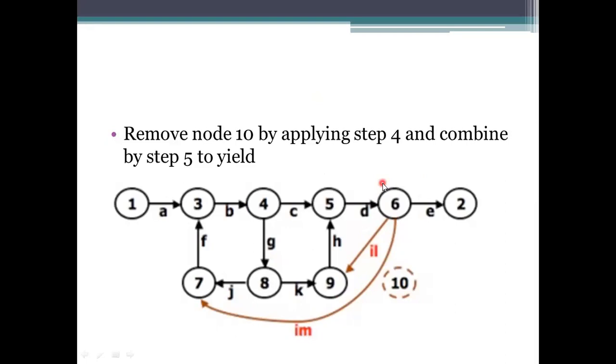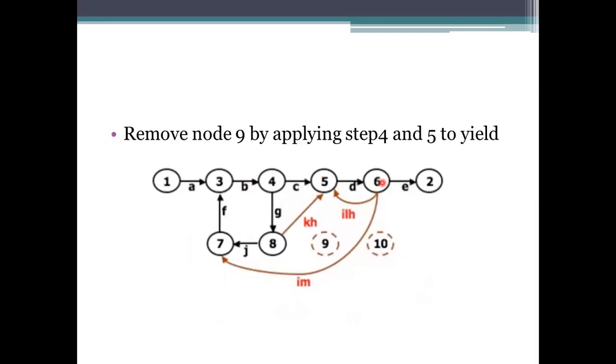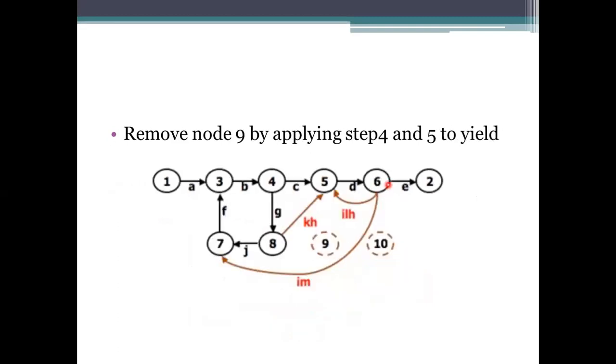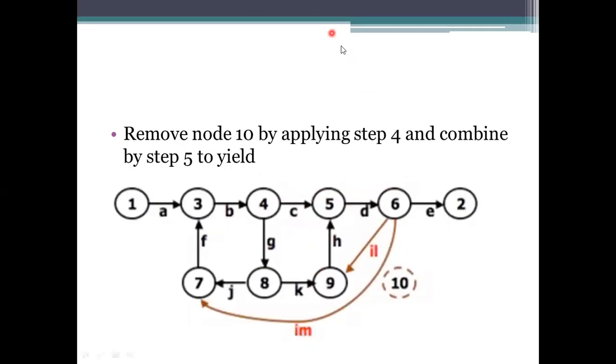And coming to the next one, whether it is possible to remove the 9th node or not. Yes, it is. If it is like that, what are the incoming links and outgoing links to that node? The incoming links are from 6 to 9 and from 8 to 9.